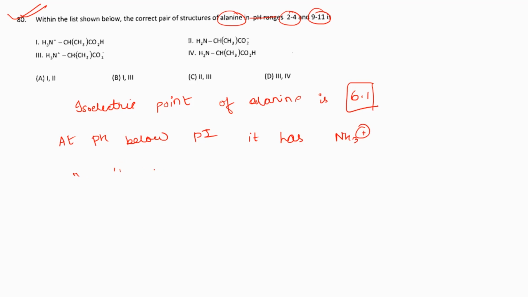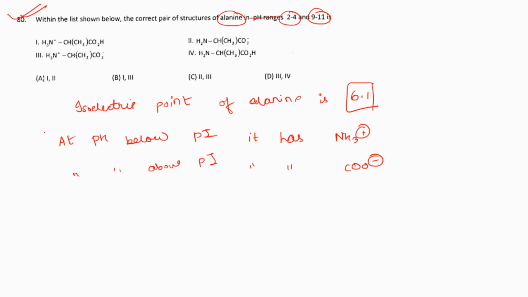At pH above the isoelectric point, it has a tendency to become COO minus, because COOH is an acid and the medium becomes basic. So the hydrogen will be taken from the acidic part by the basic medium.